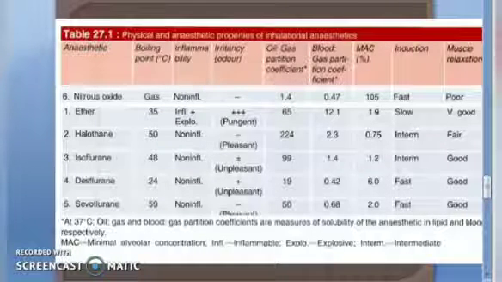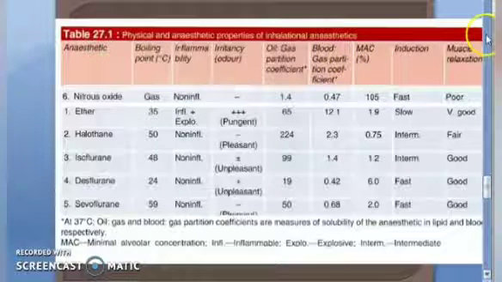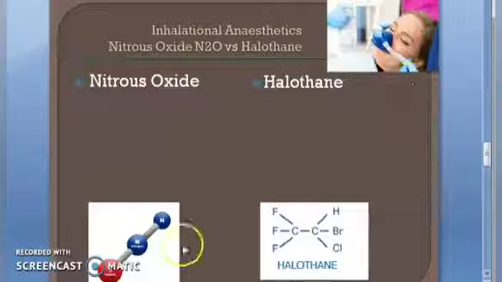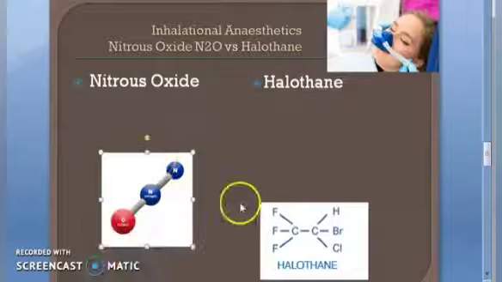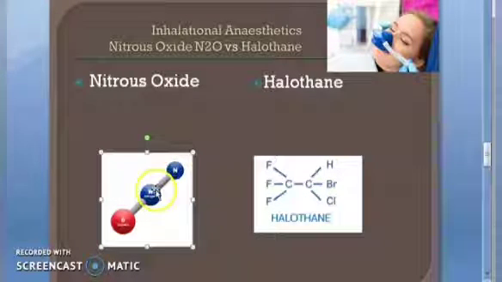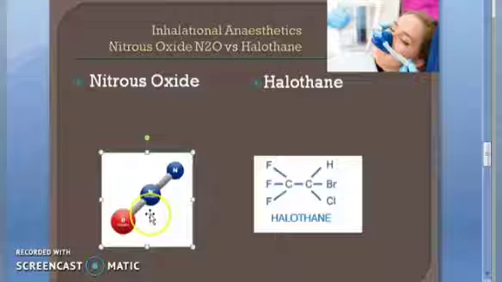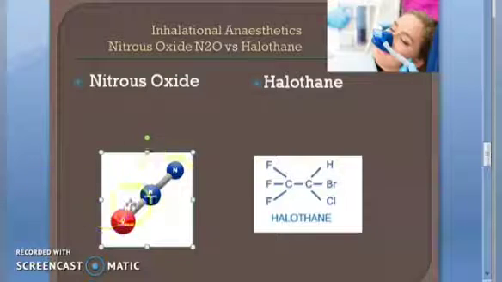So basically nitrous oxide, here guys, nitrous oxide is a gas and halothane is a volatile liquid. Nitrous oxide, the induction and recovery are rapid because of low blood solubility.